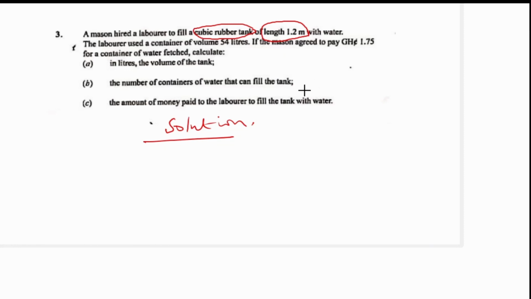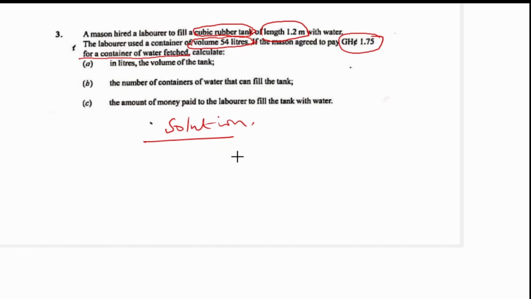Then the volume, which is 54 liters. And one piece of information we cannot overlook is how much the mason agreed to pay for a container of water, and that is 1.75 Ghana cedis.